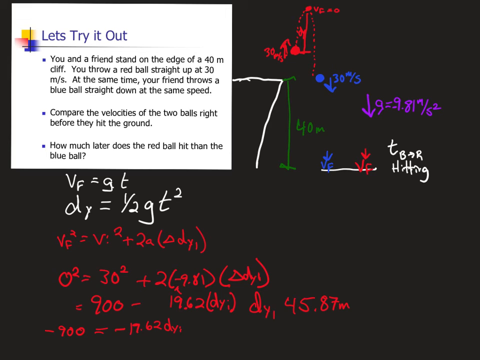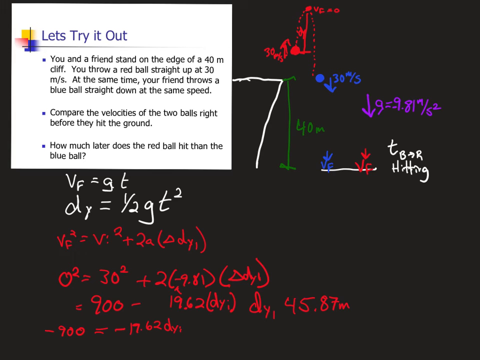Now, it's also going to be coming down, so its actual total distance traveled is going to be 45 plus the 40 that it went from the cliff. Therefore, we should be able to figure that out now.